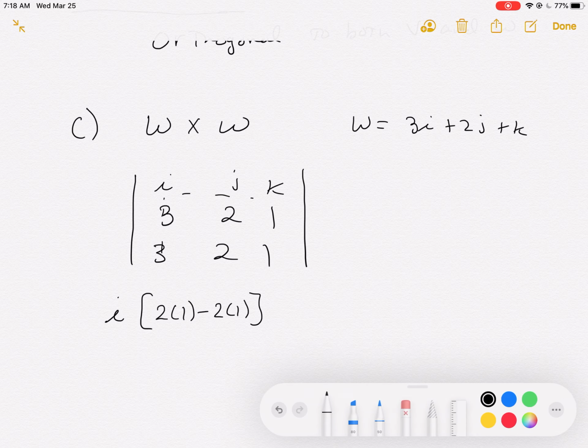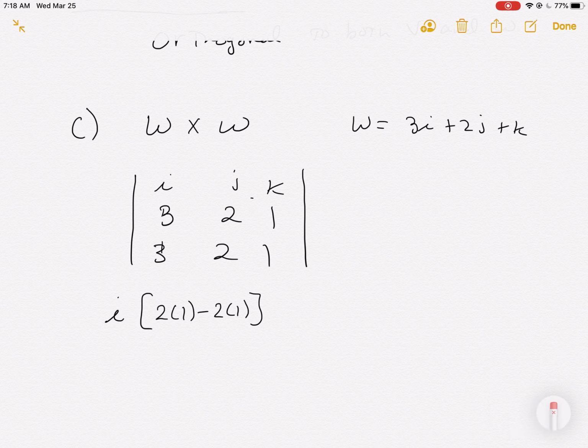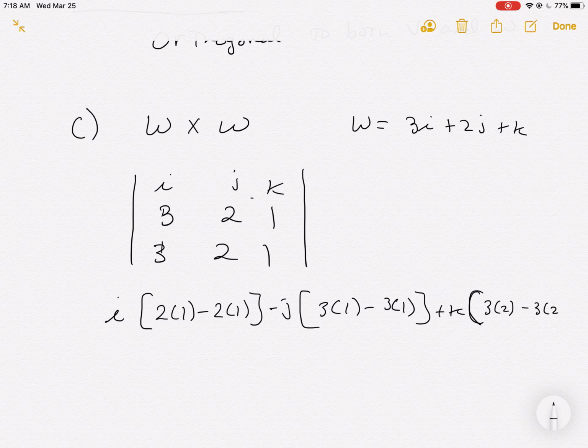When we go to do the j, it's a minus j, and it would be these outsides: 3 times 1 minus 3 times 1. And then plus k, and k will be those outside ones, those ones I was doing first: 3 times 2 minus 3 times 2. And you can see that what you get is zeros every single time. And so you just end up with the 0 vector.